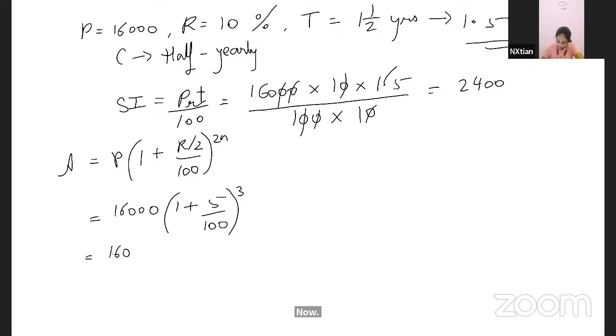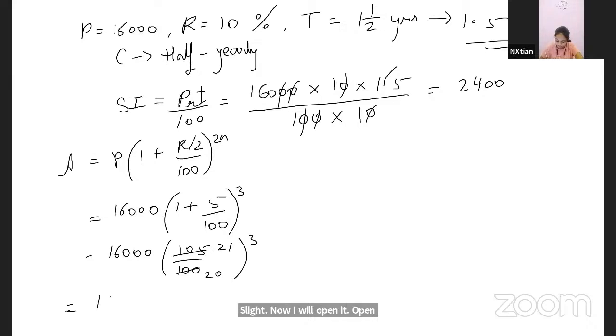16,000 into 105 by 100. Cancel it. 21 by 20 I have. So I will open the bracket. 16,000.